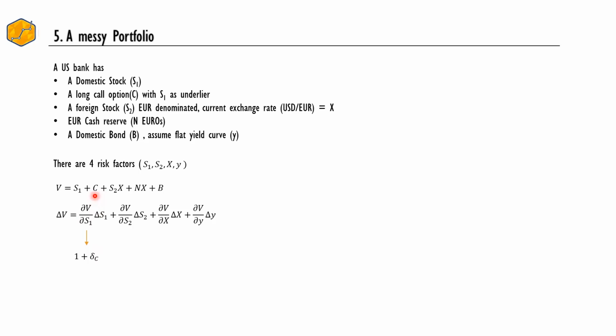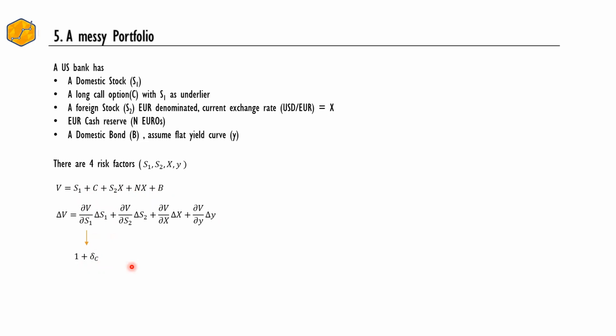That is the delta of the call option. In the last 3 terms, there is no S1, so these are all just constants with respect to S1. So we get 1 plus the delta of the call option, whatever it is, 0.5, 0.3, 0.9, we don't know.